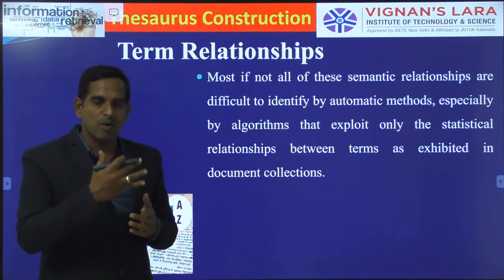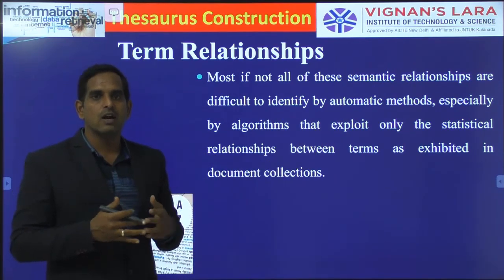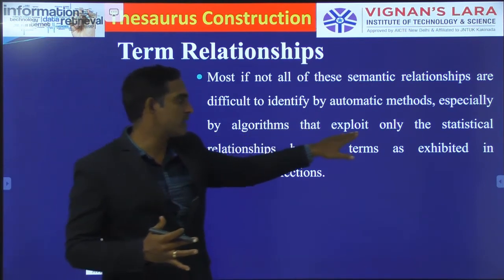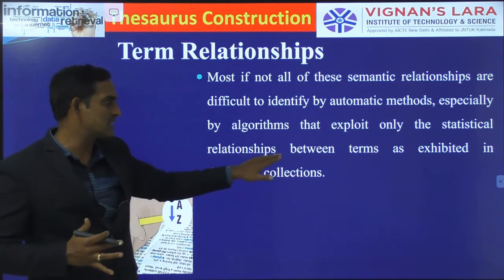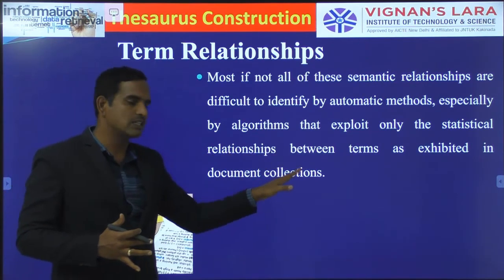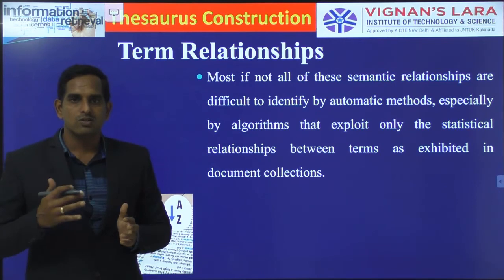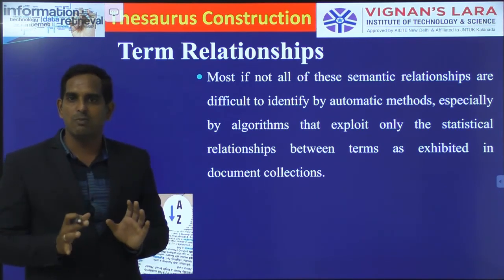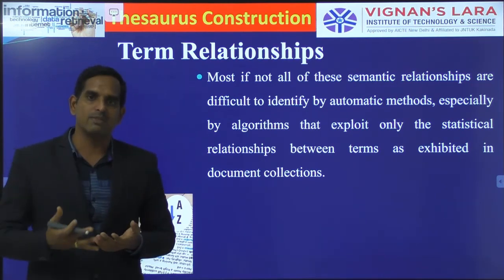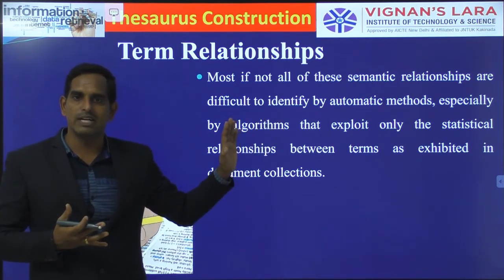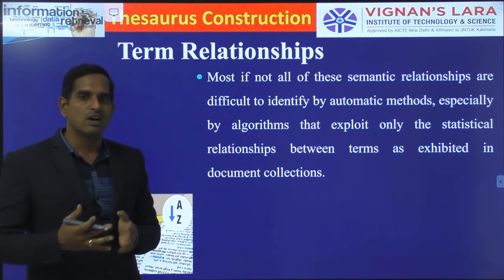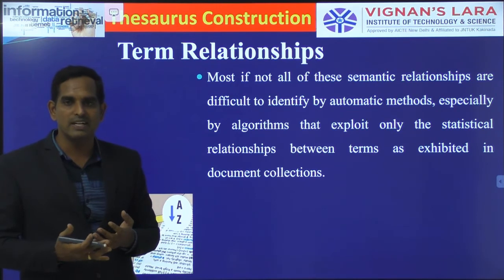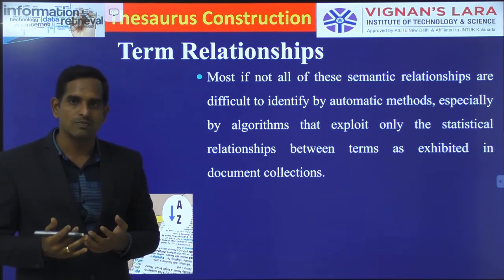As I told you, forming these relationships automatically will be very tough, especially by algorithms that exploit only the statistical relationship between terms as exhibited in the document collections. So these relationships are usually built by a manual process. Implementing the same by automatic methods will be very tough, because finding all the relationships between terms, which is application dependent, is a very complex thing to do.